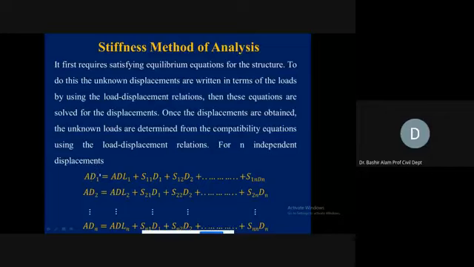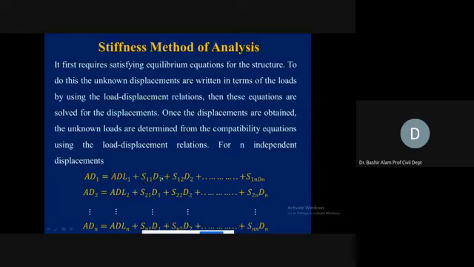AD is the action corresponding to the displaceable joint. ADL is the action corresponding to the displaceable joint under the actual loads. L is coming from the load. So this ADL corresponds to the DRL matrix, and here S corresponds to the F matrix, the stiffness coefficient matrix.